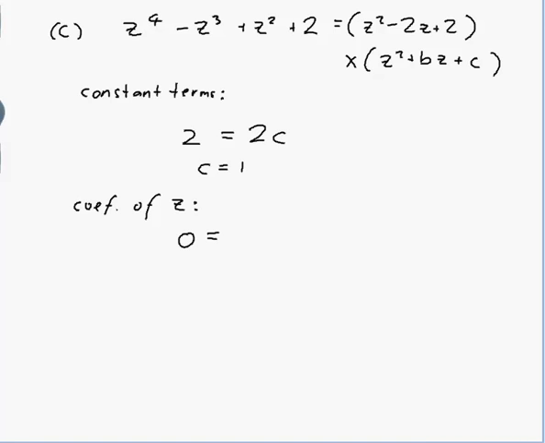The only thing I could multiply that by in the second bracket is the c, because otherwise I'd get a z squared or a z cubed. So that would be minus 2c. On the other hand, I could choose the 2 from the first bracket, and the only thing I could multiply that by in the second bracket to produce a z would be the b. So plus 2b. Oops, sorry, I don't need the z's, do I?